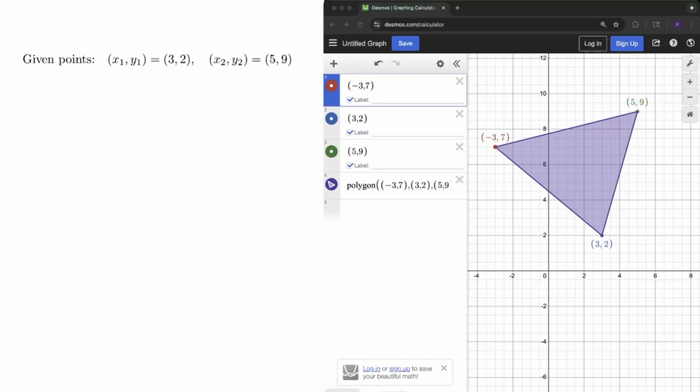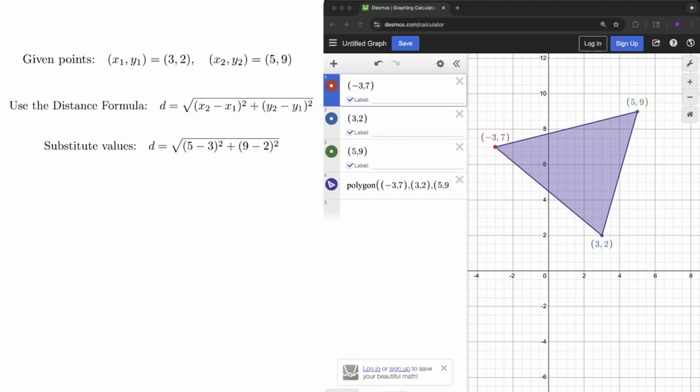Those labels are important because the distance formula uses x2, x1, y2, and y1, which we have already labeled with the points we are finding the distance between. Next, plug everything in where it belongs. x2 is 5 and x1 is 3, and y2 is 9 and y1 is 2.